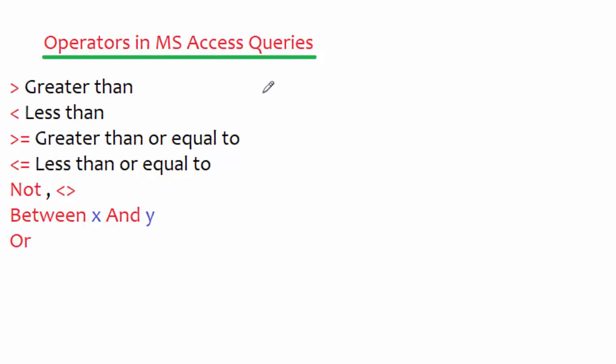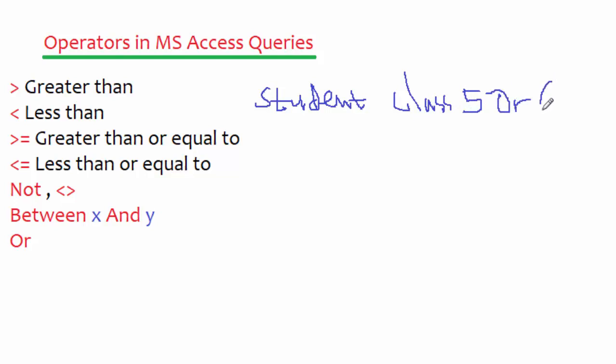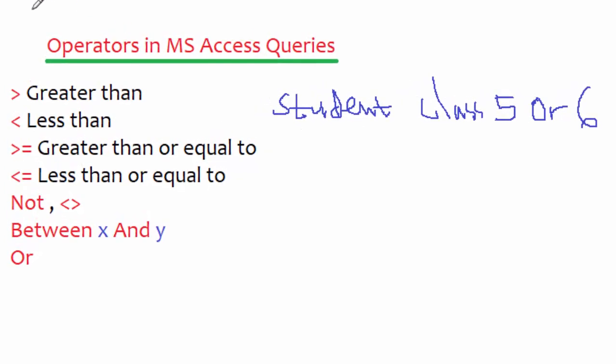You will tell it, for example, search for students in class 5 or 6. Class 5 or 6. So in this case, anybody who is not in class 5 or 6 will not be included in the result. And that is how these operators are used.